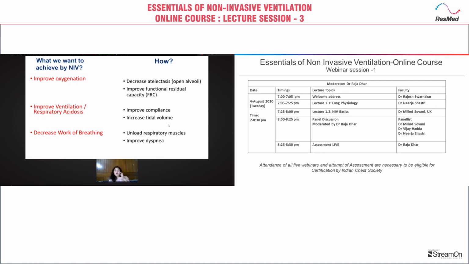The inspiratory muscles have to work a lot, but they cannot cope because there's too much load being put on them. So we need to unload that load, and that is what NIV does. NIV unloads those respiratory muscles, and all this ultimately improves the patient's symptoms.